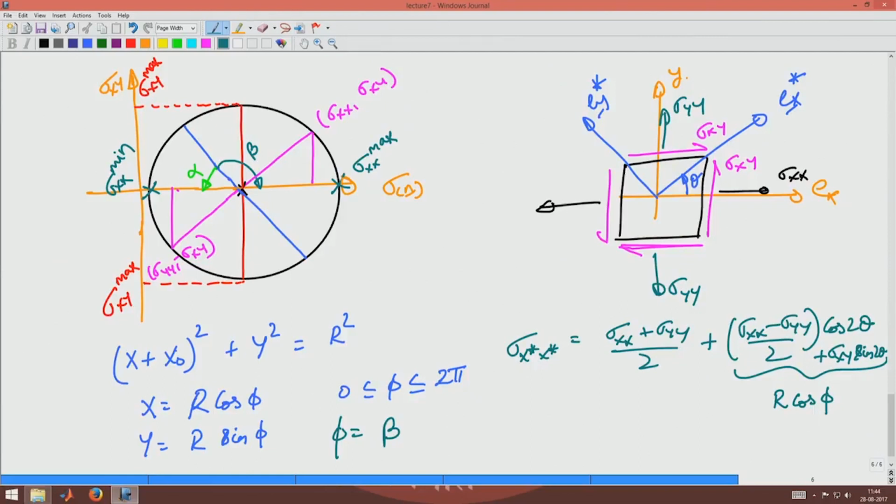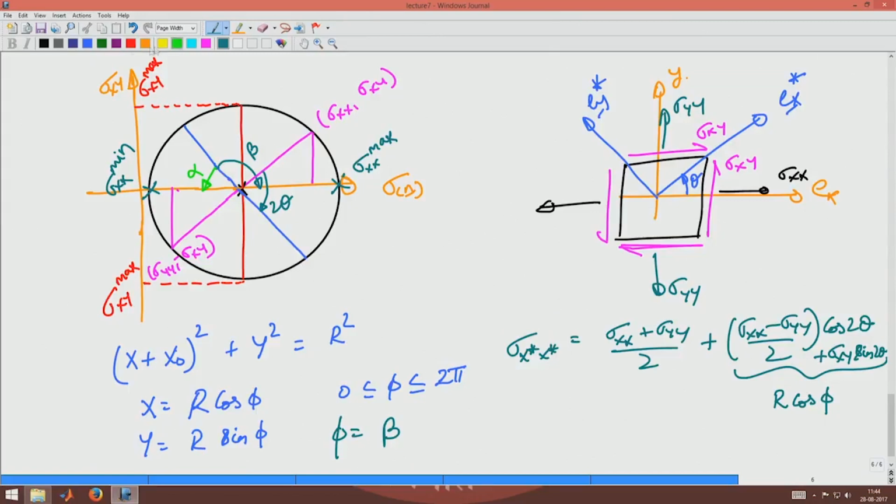So, if I rotate by angle theta, from here I have to rotate clockwise by angle 2 theta. Theta is the actual rotation. So, I have to go from this plane to this plane by angle 2 theta to get the stress coordinates for Ex star, Ey star.